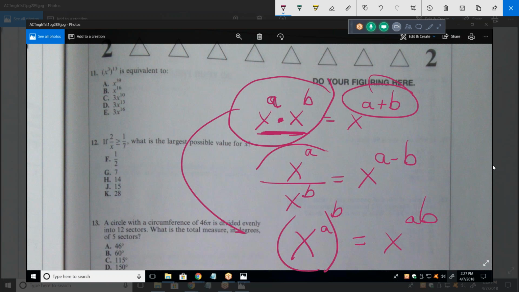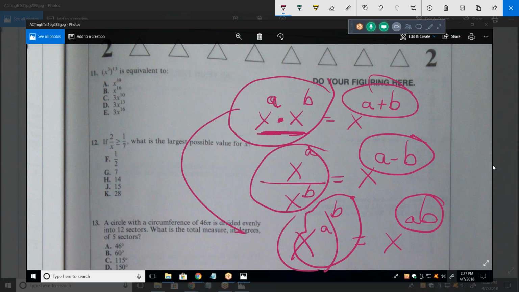I'm dividing the base, I'm only subtracting the exponents. I am exponentiating the base, therefore I'm multiplying the exponents. If you find yourself doing the same thing to the exponents as you are to the base, you're making a mistake.